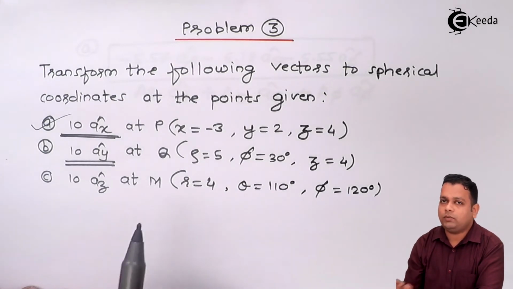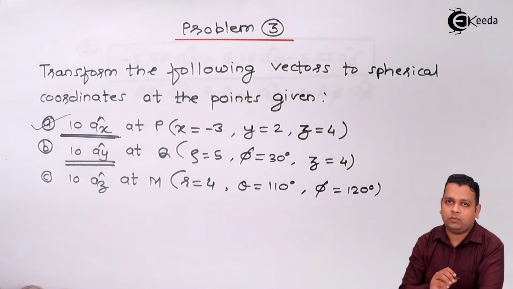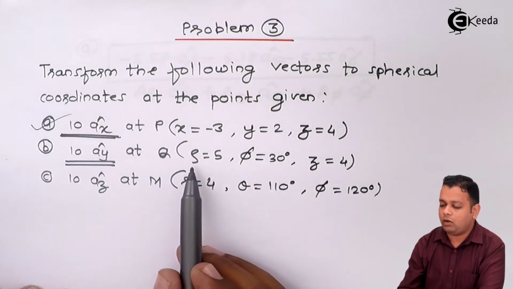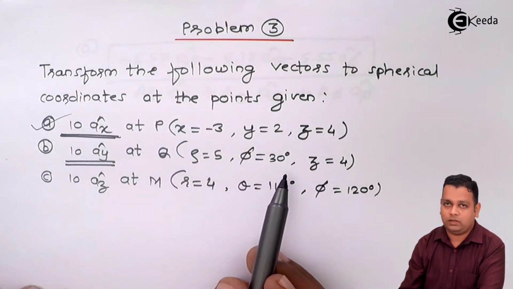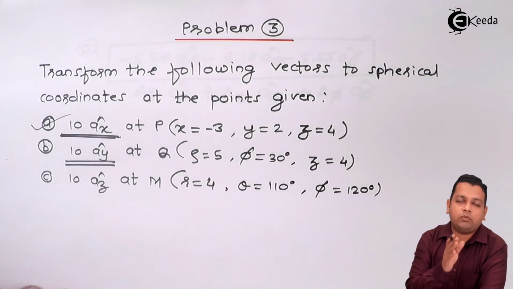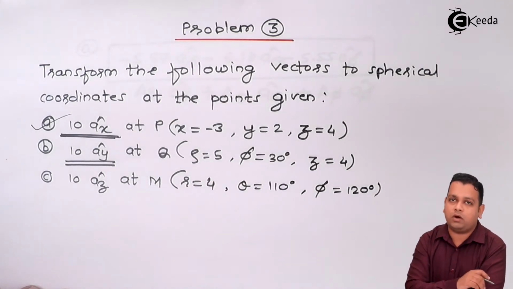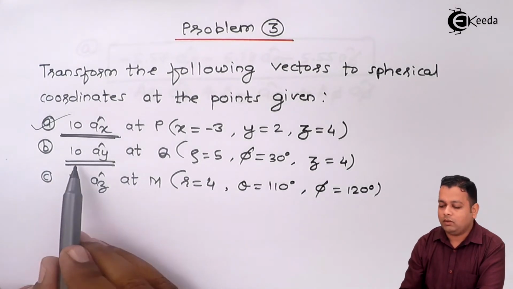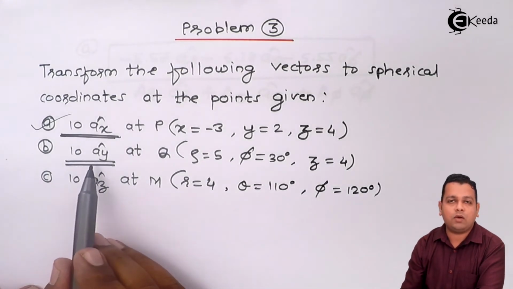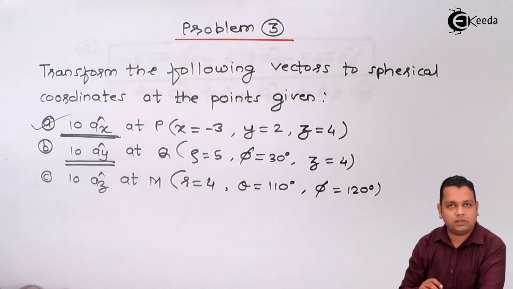So the procedure will be the same, but first of all, we have to transform the coordinates of point Q from rho phi z to r theta and phi. So this will be a transformation from cylindrical to spherical coordinates. Then we can take the help of dot product and find the vector representation of 10 AY cap in spherical coordinate system. So let us continue with it.